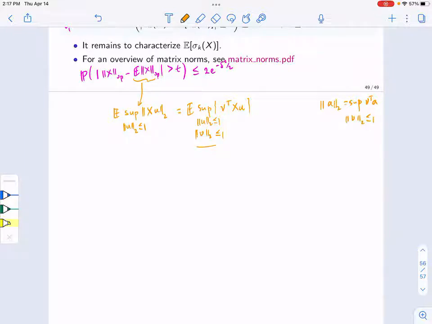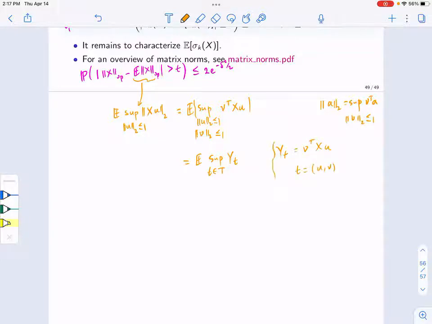And this we can think of as the expectation of the supremum of a Gaussian process. I can also drop the absolute value; there's no absolute value here. It's just the sup of Y_t, t in T, where Y_t is v transpose X u, and t is just this index.